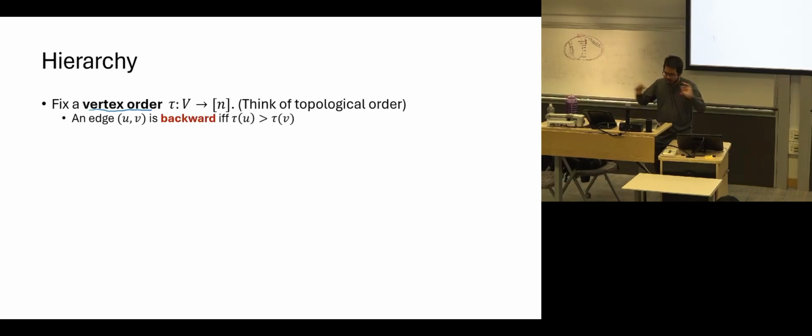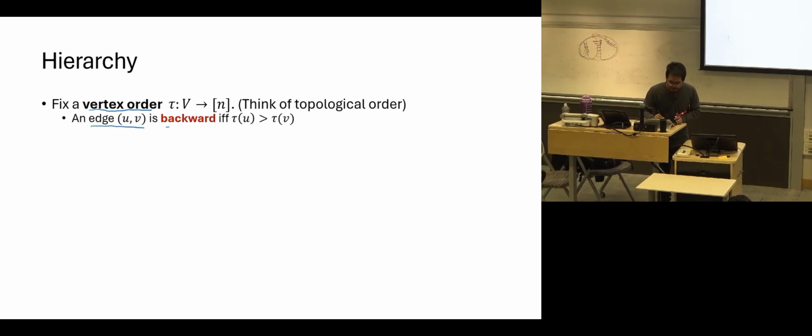But think of some order. And we say that an edge is backward if it goes in the backward way. Like, I have this order, and if an edge goes this way, tau of u is more than tau of v, then this is backward. This is tau.